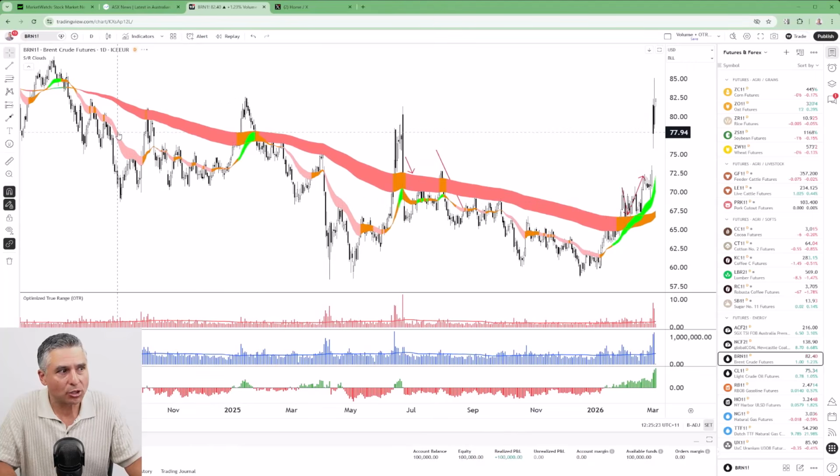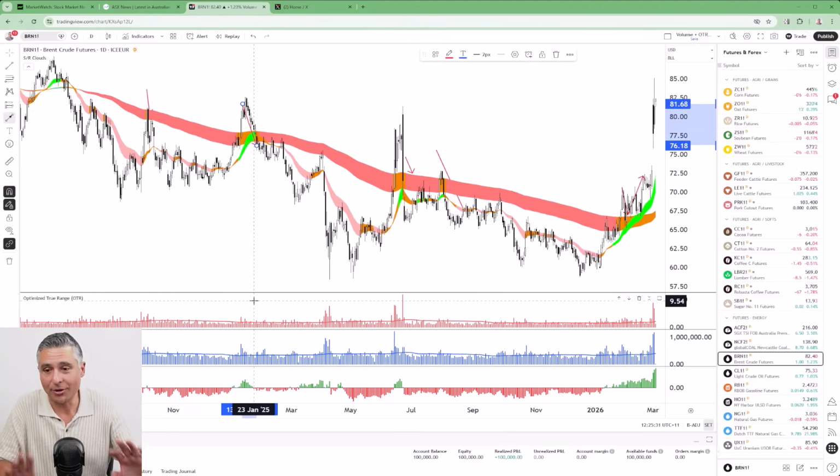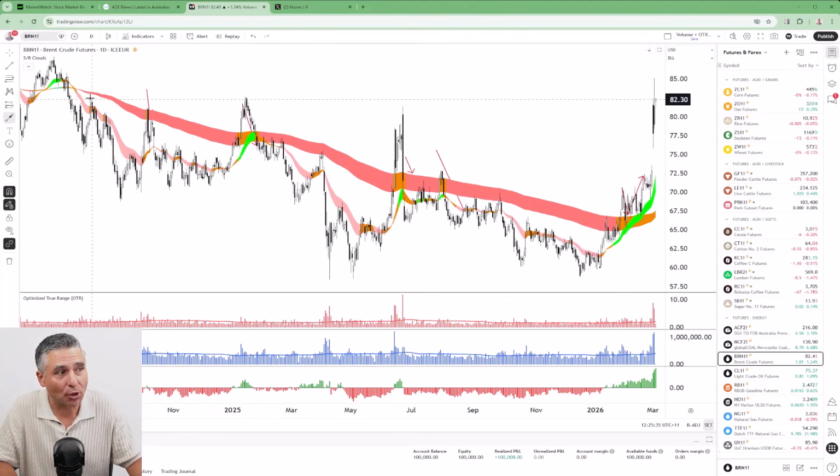Now, it's up to you to determine if the model's any good. That's your decision. And I can show you stuff like, well, that's a hold. That's a hold. There are no troughs above the long-term trend ribbon in either of those. So the model has been impeccable, absolutely impeccable this entire bear market in oil, until now. Something has changed. Something is different.